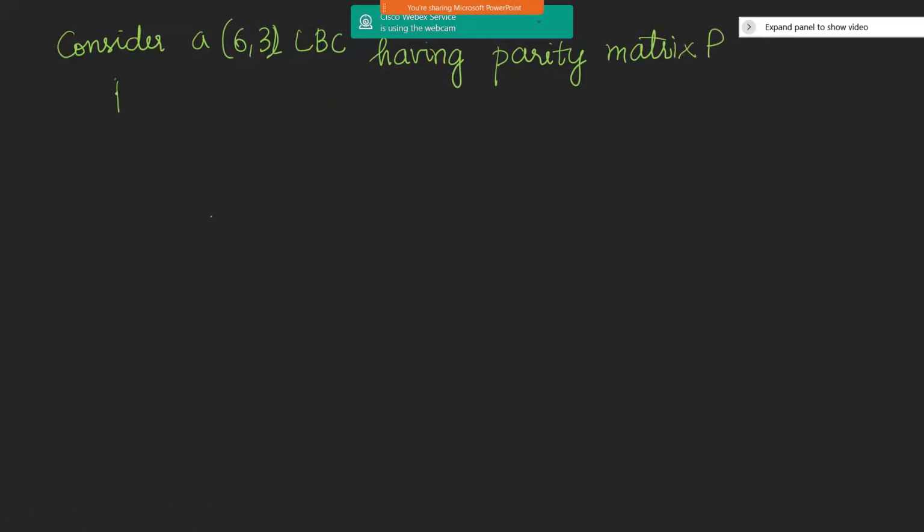Consider a 6,3 linear block code having parity matrix P given by 101 011 110.